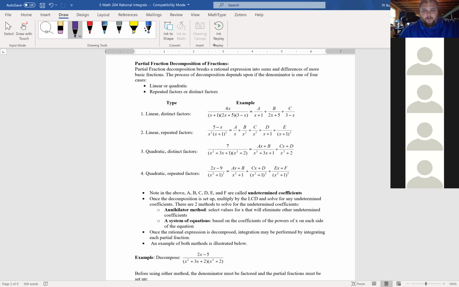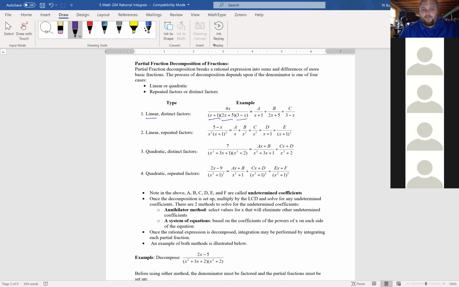All right, so there are 4 terms here that we have to recognize. We have linear and quadratic, and we have repeated factors and distinct factors. Linear factors are what you'd expect. They look like the equation of a line. So notice these first ones here are linear. They're x plus 1, 2x plus 5, and 3 minus x.